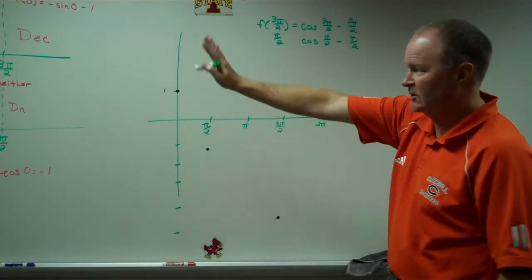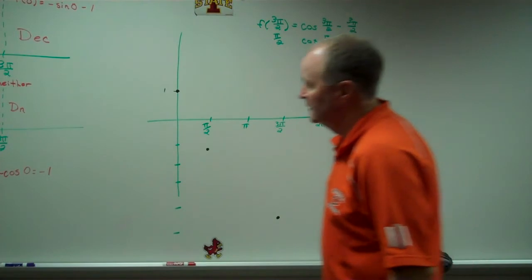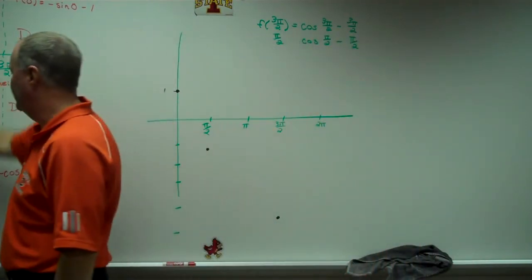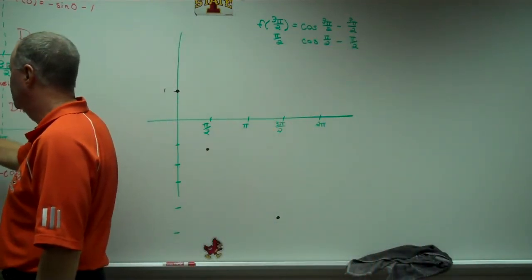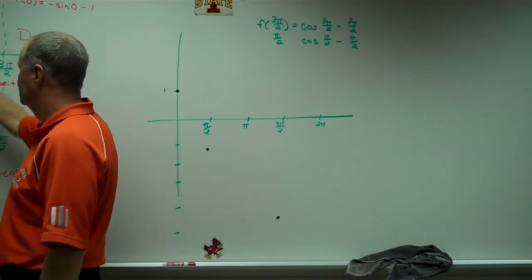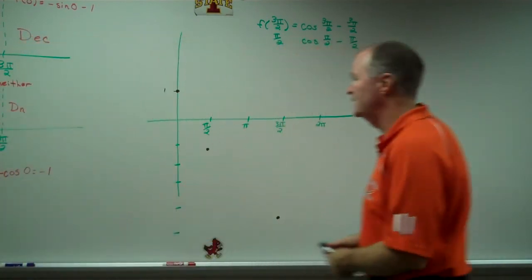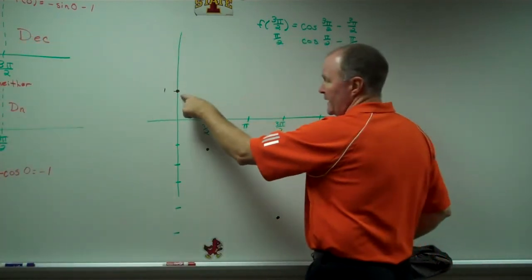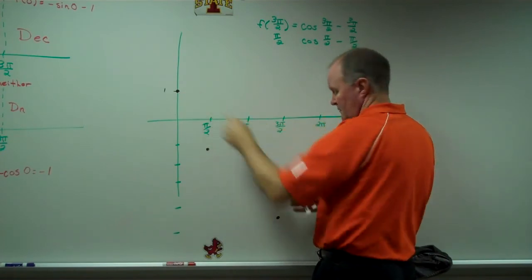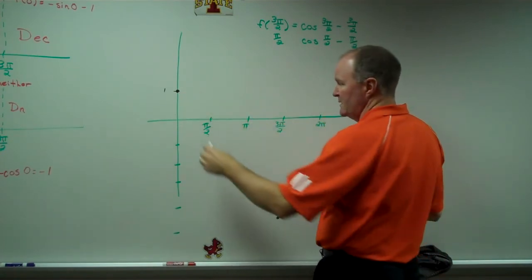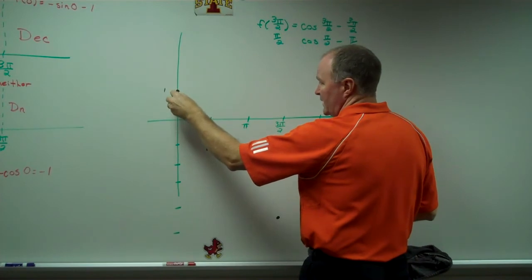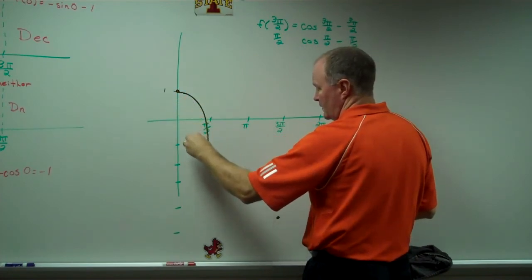All right. Looking at my chart, the first stuff I have goes to pi over 2. Decreasing, concave down. Though, I got an intercept here, so this is kind of a place to start. And decreasing, concave down looks like that.